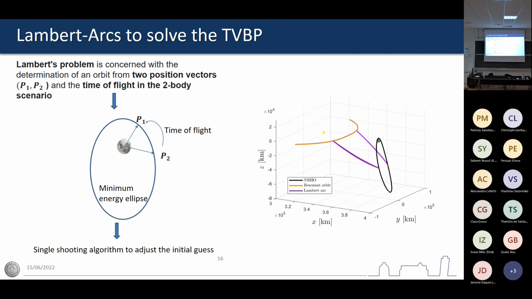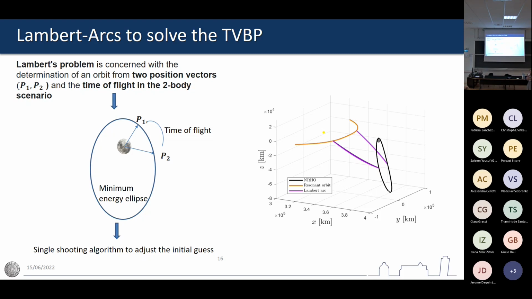So we also investigated a way to save some time, exploiting this idea of Lambert arcs. The Lambert theorem is usually used in the two-body problem to find an ellipse or an orbit that passes by 2 points.